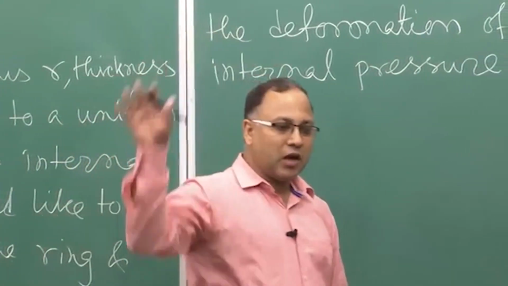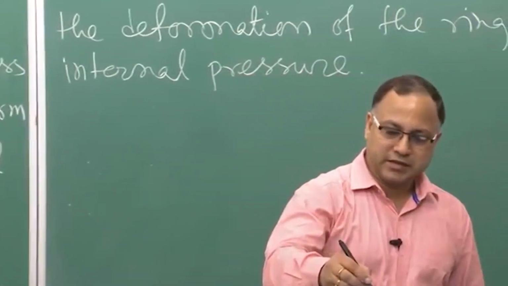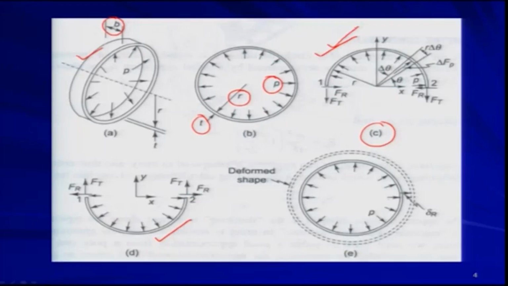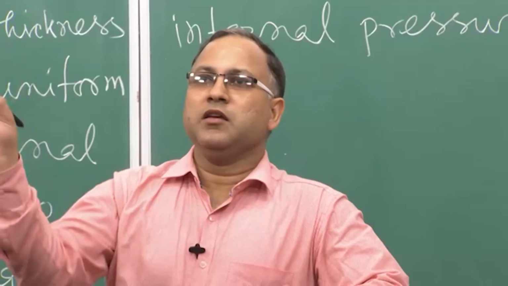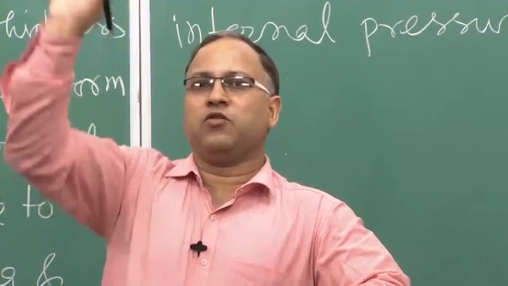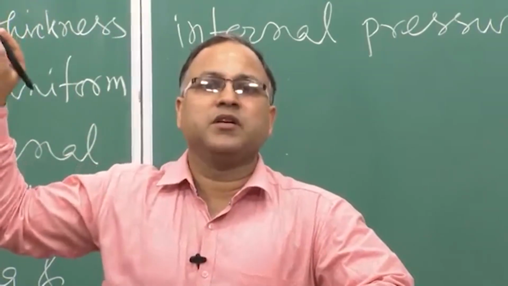When you cut the upper half and lower half, this internal pressure p will be balanced. This small p is nothing but the externally applied load. It gives the all round radial force on the internal surface of the hoop.